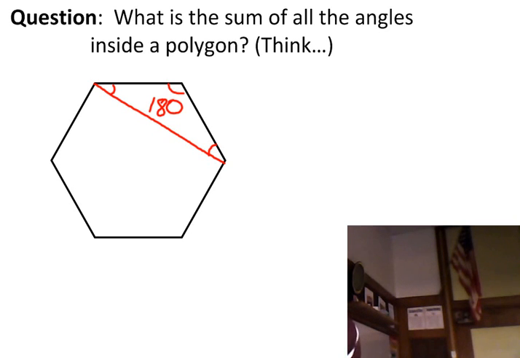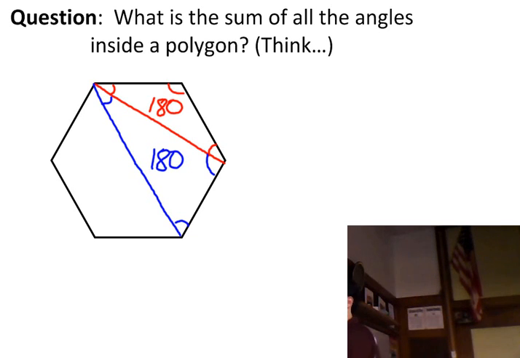Now if I did that again, let me do this in blue. Another triangle appears, right? This angle, this angle, and this angle. Again, 180 degrees. Let's keep going with this. Another one: an angle, an angle, an angle, 180 degrees.